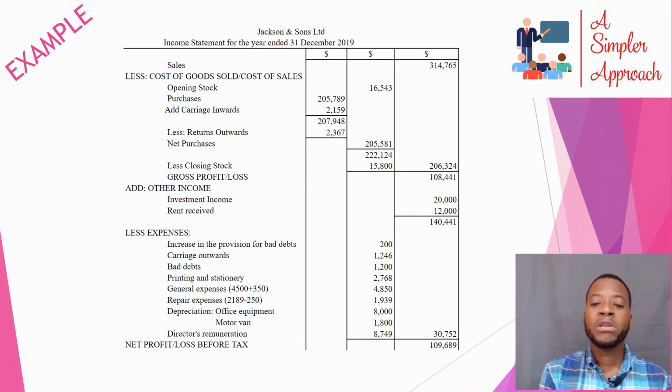Now, 109,689 is the net profit before taxation. The note, I think it was note number 3 or 4, if my memory serves well, said that corporation tax is 10% of net profit. So 10% of this figure would be 10,968.